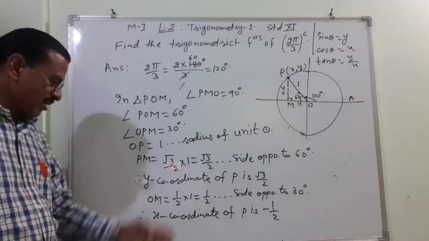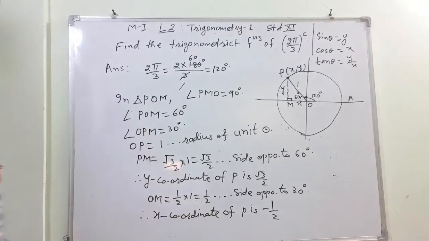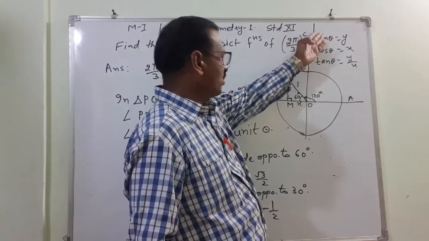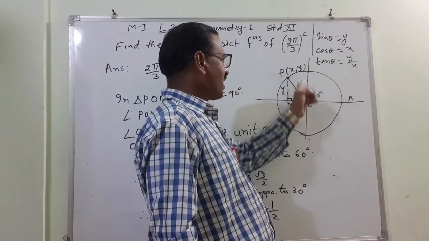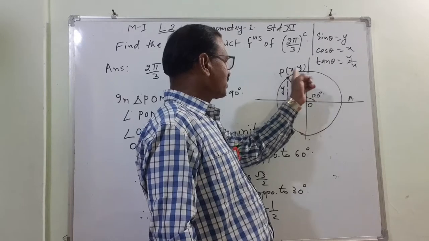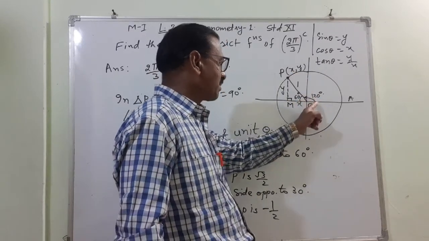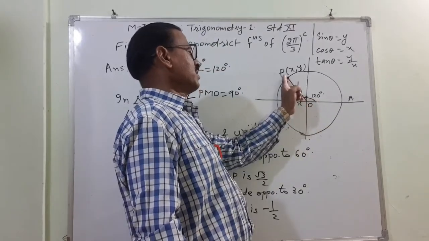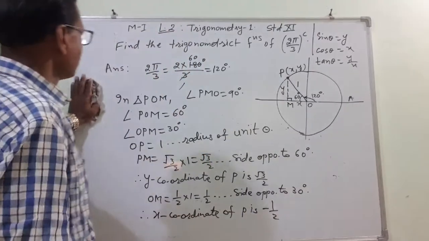You got the y coordinate, you got the x coordinate. What is meant by y coordinate? Y coordinate means sine. Which angle? 120 degree. How this xy have been decided? This xy have not been decided by this 60 degree. Xy have been decided by this 120 degree and this radius. This way, this P is decided.